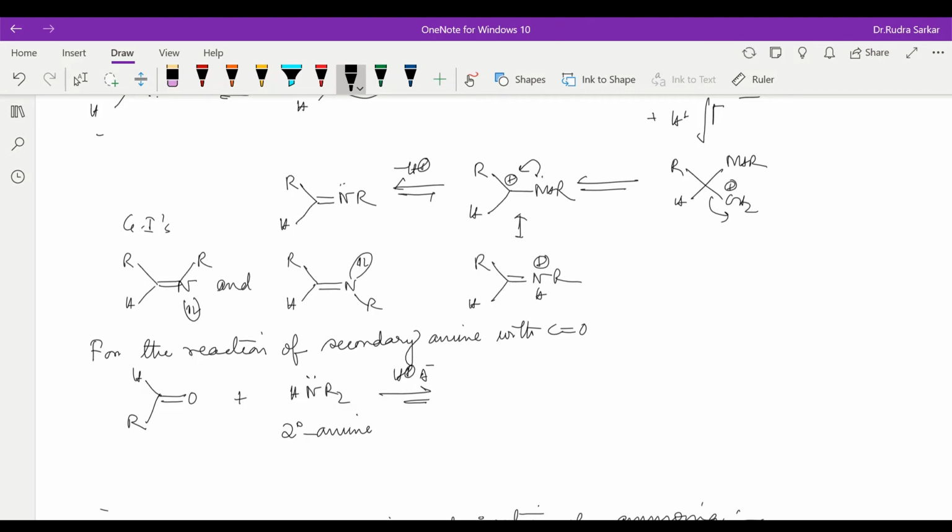Here the compound that you are going to get, it is better to give you something like this. The compound that you're going to get is something like this. So this is called an ene. This is your ene part and this is your amine part. So this is called enamine.